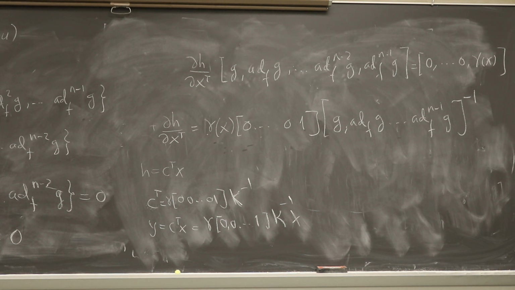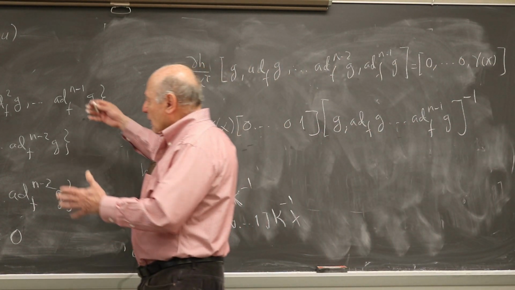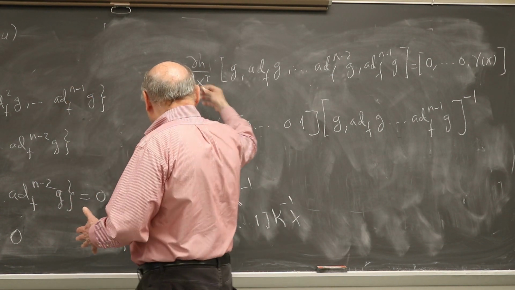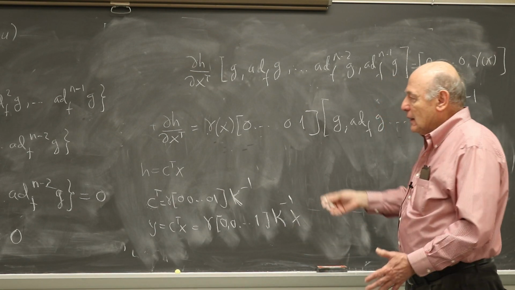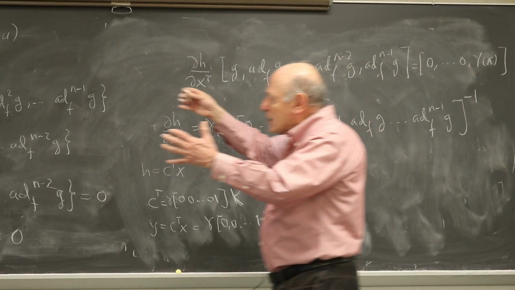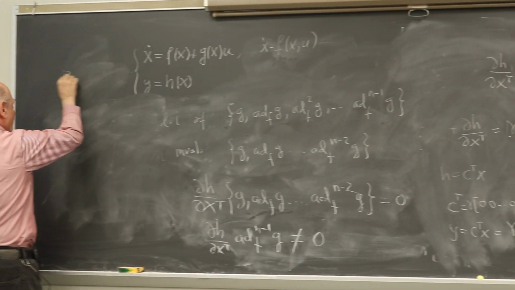Now all we have to do is examples and enjoy ourselves, because we know that if I can find a flat output which comes from this integrability condition using these formulas, then my nonlinear system is a linear system which is disguised as a nonlinear system.